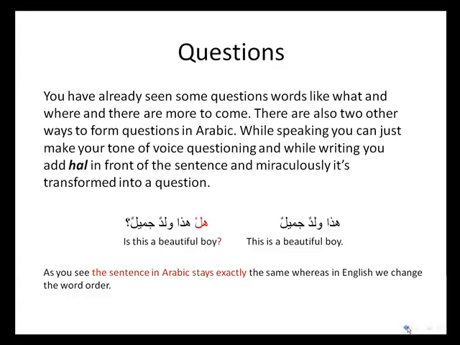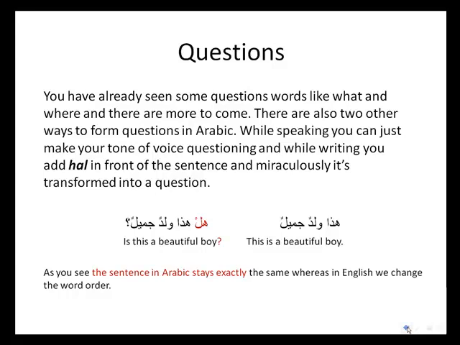Today we're going to look at an even easier way to form a question. When we're speaking in Arabic, usually it's just a question of your tone of voice, if you're posing a question or not. But when you're writing, there is a special little word that you can add in front of a sentence to show that it's a question.